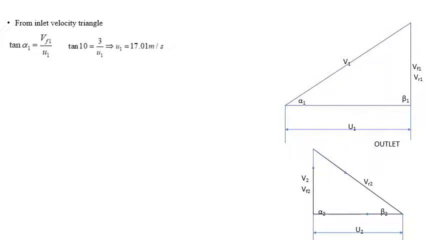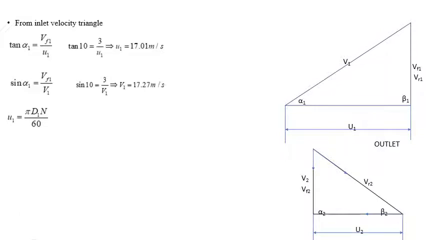Here the alpha value is known, the Vf value is known, U1 is unknown. We can find the value of U1, that is 17.01 meter per second. By using the next relation, sin alpha 1 is equal to Vf1 by V1. That is, sin 10 is equal to 3 by V1, and we finally get the absolute velocity at inlet as 17.27 meter per second.